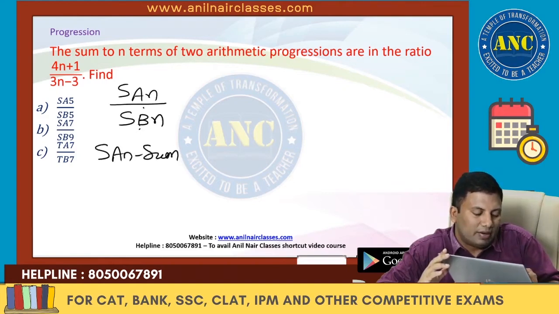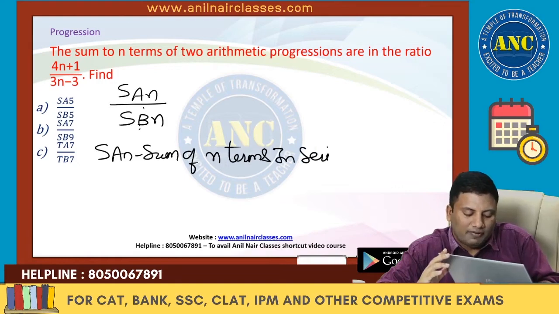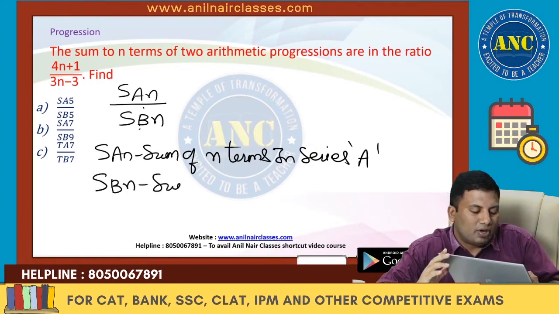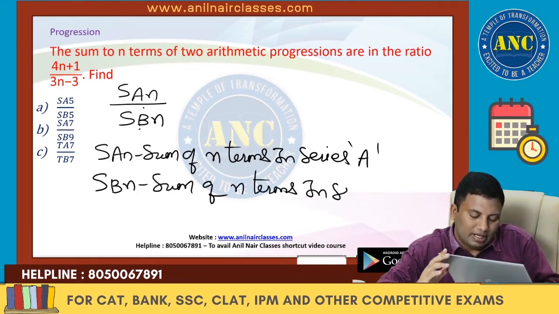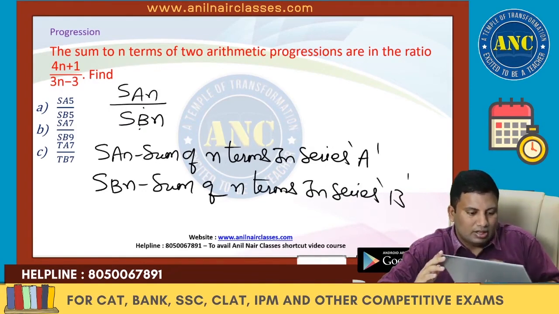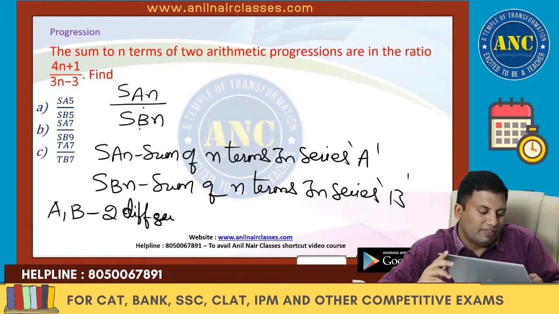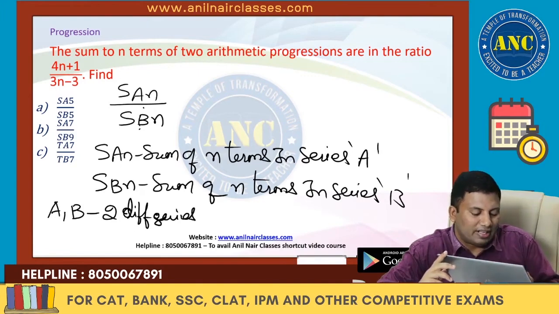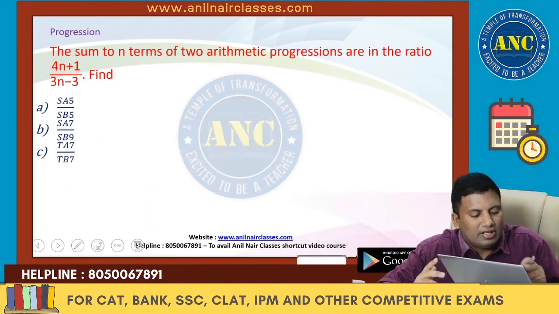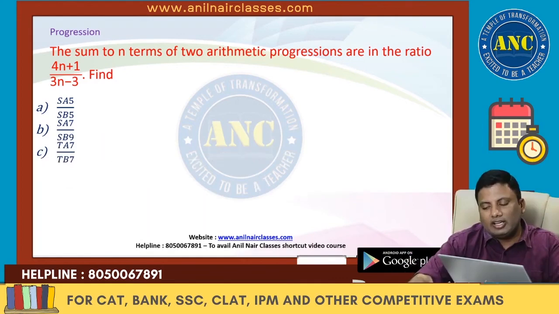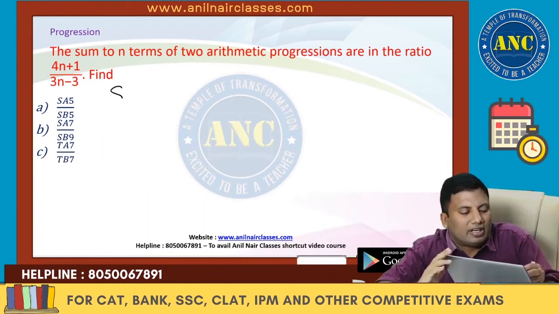SAn is the sum of n terms in series A. What is SBn? Sum of n terms in series B. This is the definition. There are two different series: either their first term is different, or the common difference is different, or both could be different.